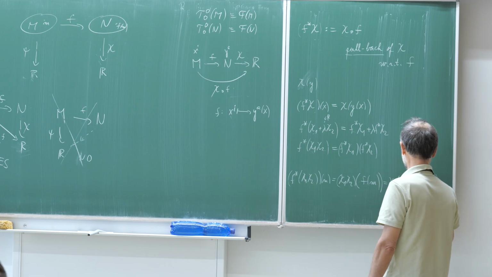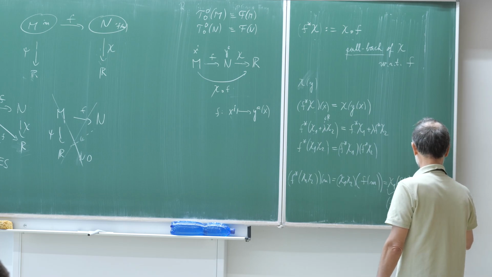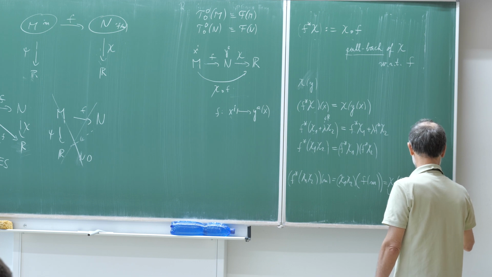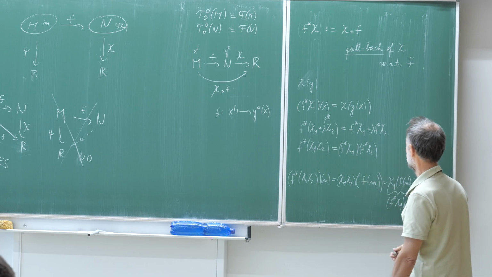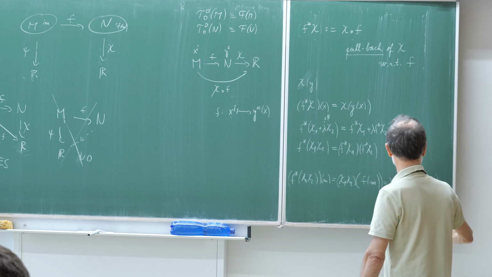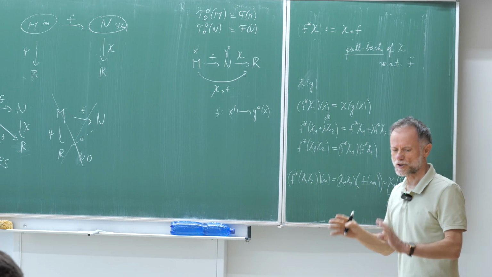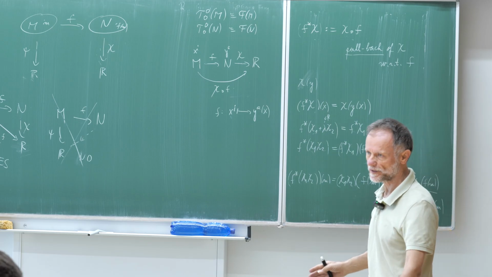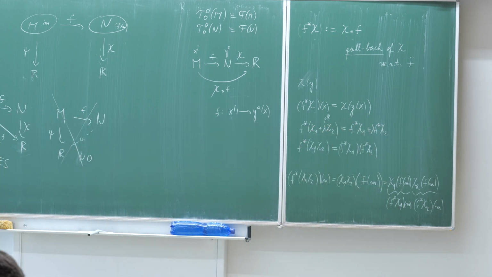And this is f star chi1 at m, and this is f star chi2 at m, and this is the product at m. So it is just putting the argument there and everything is clear if you remember the older definitions: what is composition, what is the product of functions, and so on.